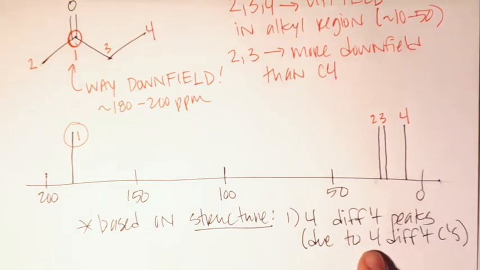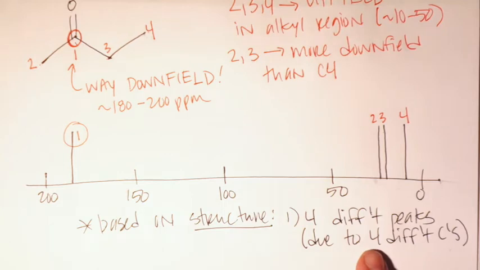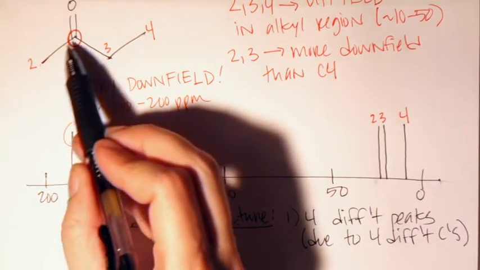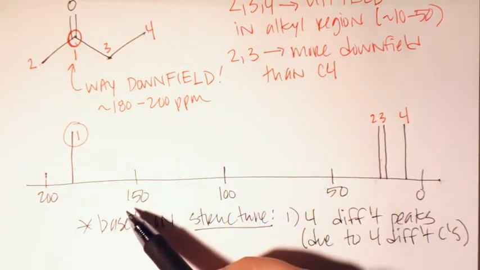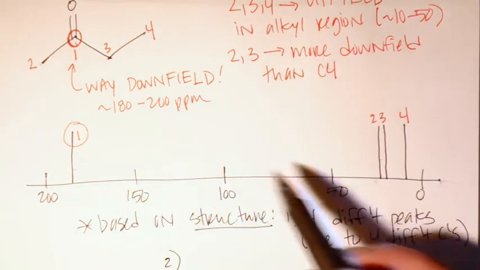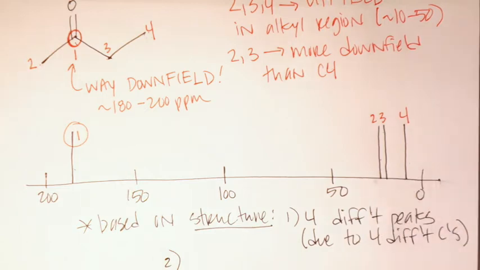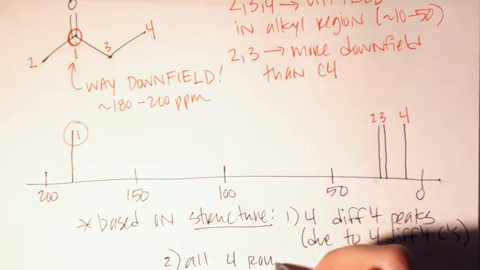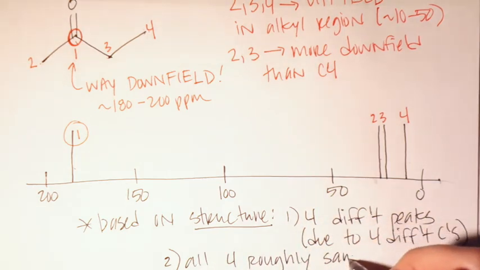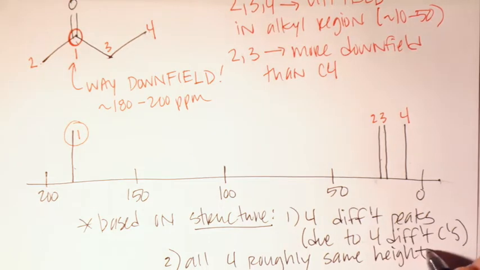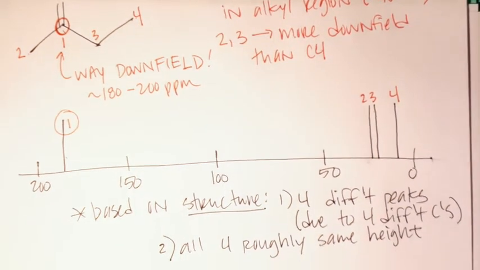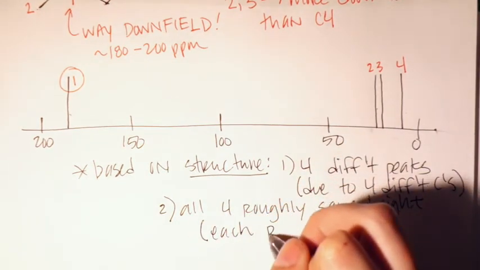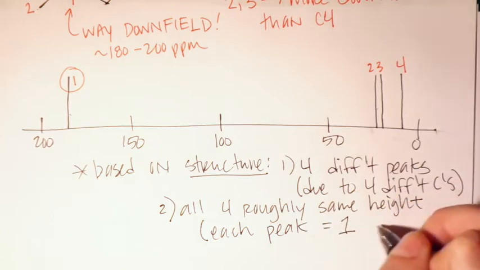And in terms of the peak height, because each peak represents 1 carbon, they're all going to be roughly the same height. That happens when they're all representing the same number of carbons. So each peak equals just 1 carbon.